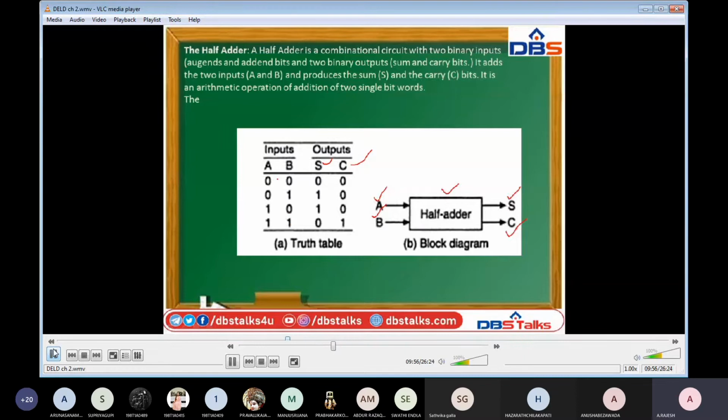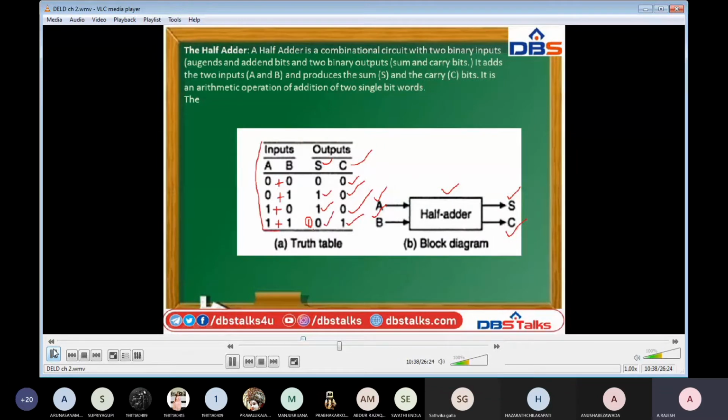If you add these, as I have already told you, 0 plus 0, sum is 0, and there is no carry, so carry is 0. 0 plus 1, sum is 1 and carry is 0. Similarly 1 plus 0, sum is 1, carry is 0. 1 plus 1 gives 1 0, where carry is 1 and sum is 0.